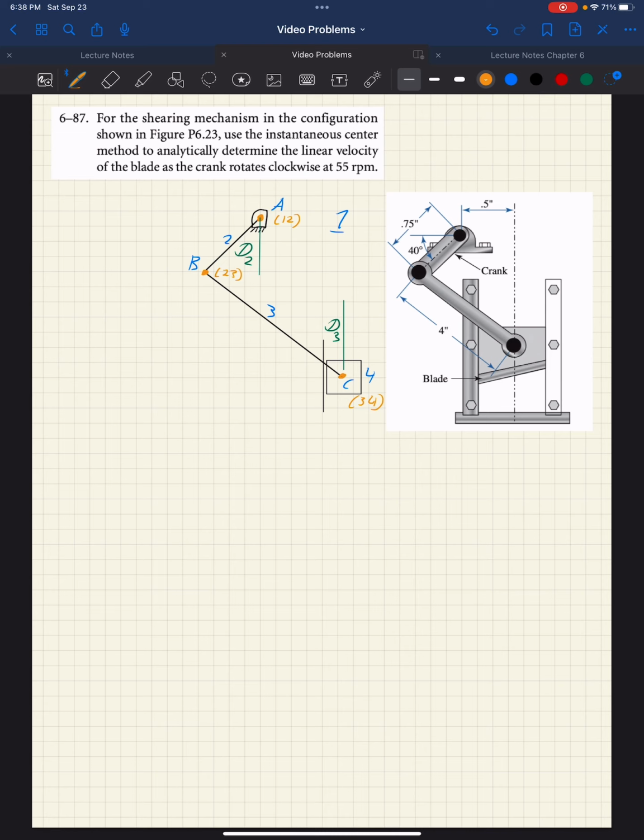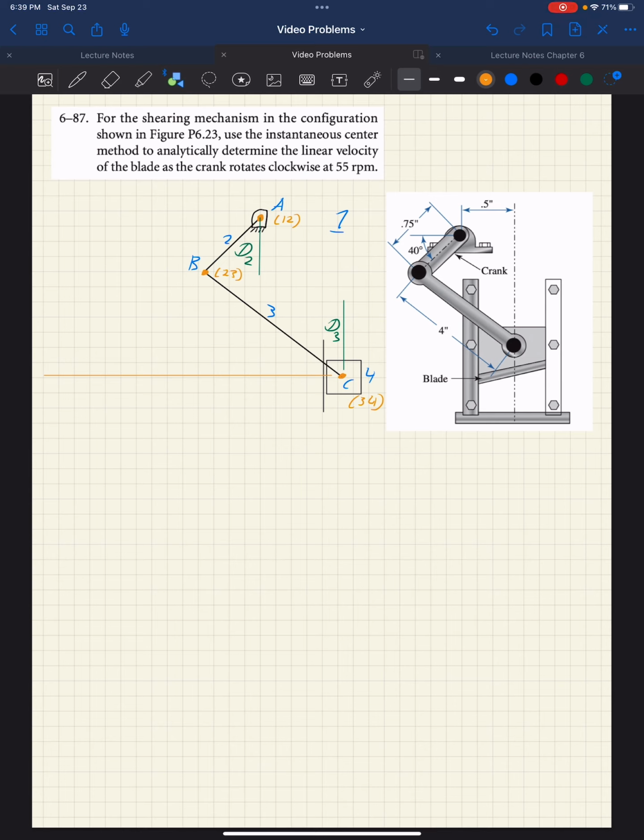To find 1, 3, the simplest thing to do would be to know that from instantaneous center 3, 4, or from point C rather, we'll draw a perpendicular off of this slide joint.